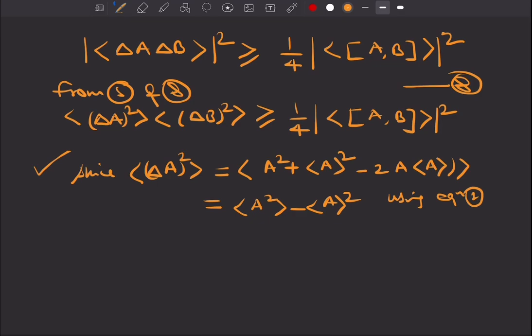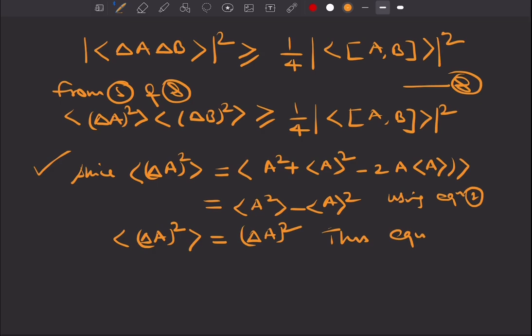Now combining this with equation number 1, this leads to expectation of delta A whole square is equal to delta A whole square.